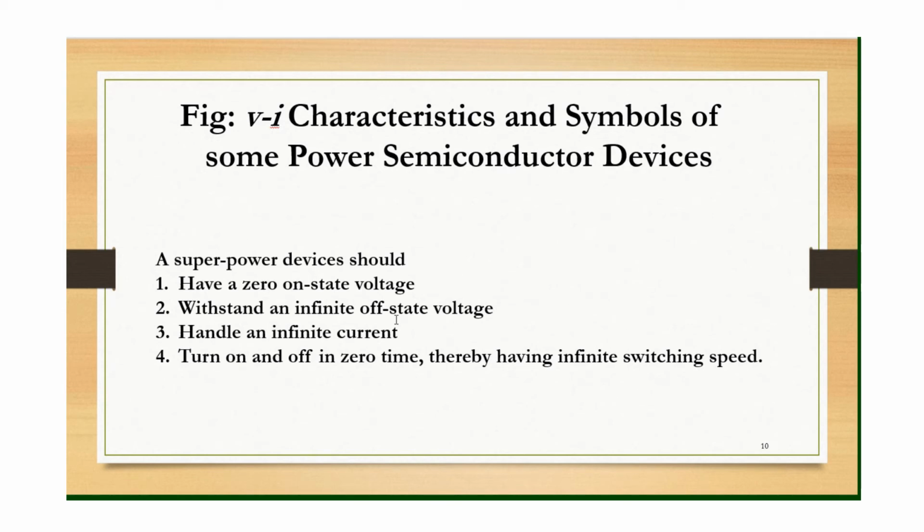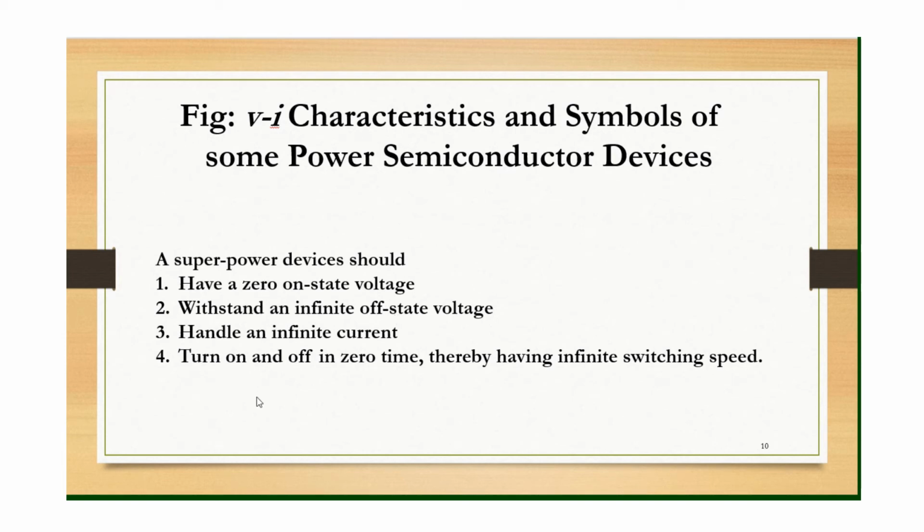Then turn on and off in zero time. That is, there should be infinite switching speed. That means when you're turning on, it should immediately start conducting. And when you're withdrawing the control signal or turning off, it should immediately turn off. That's the meaning.